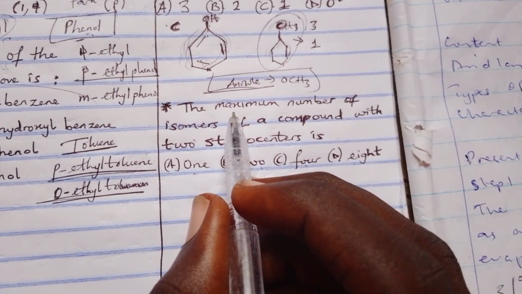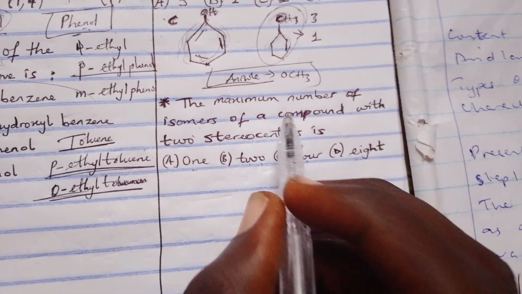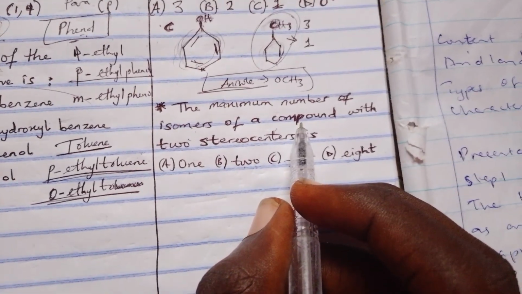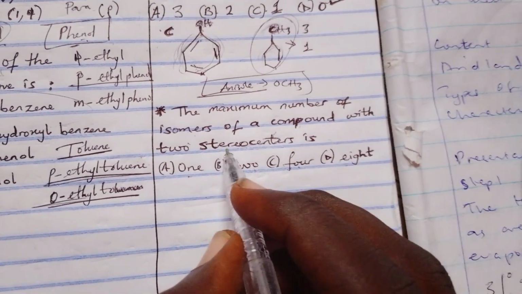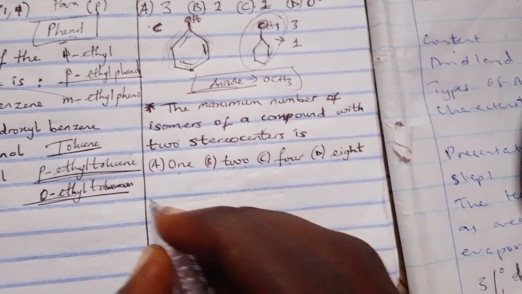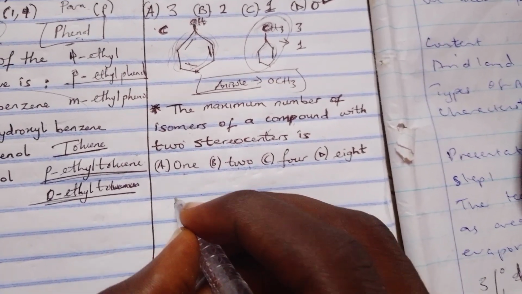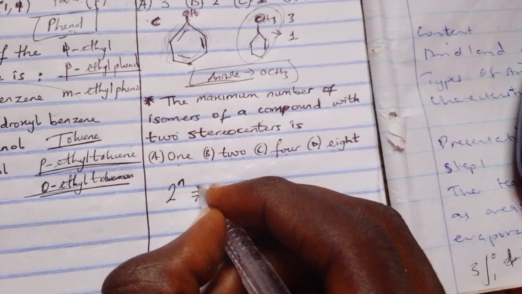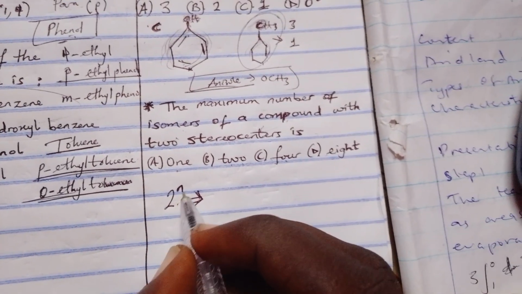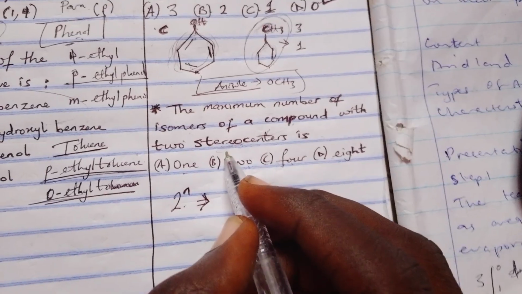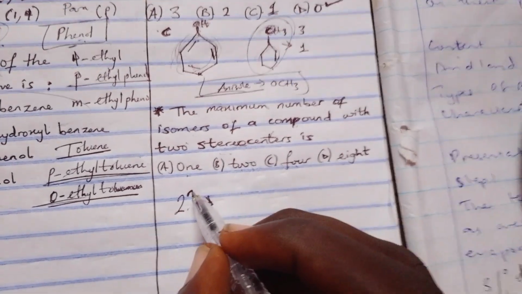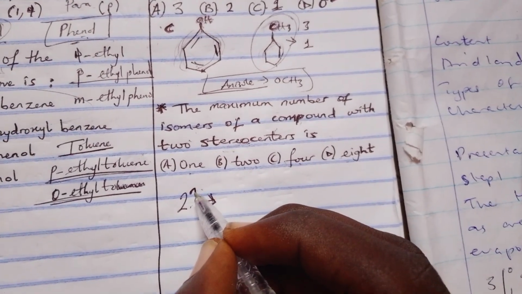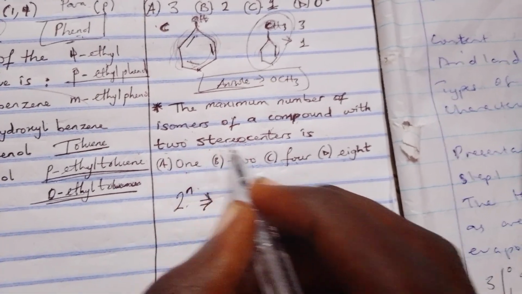So when we have the maximum number of isomers of a compound, we just have to know this formula. It does not stress us. So just note 2 raised to power n. You understand? For you to get the number of isomers for a compound that has stereo centers. Now this n is the what? Number of stereo centers, and this question says 2 stereo centers.